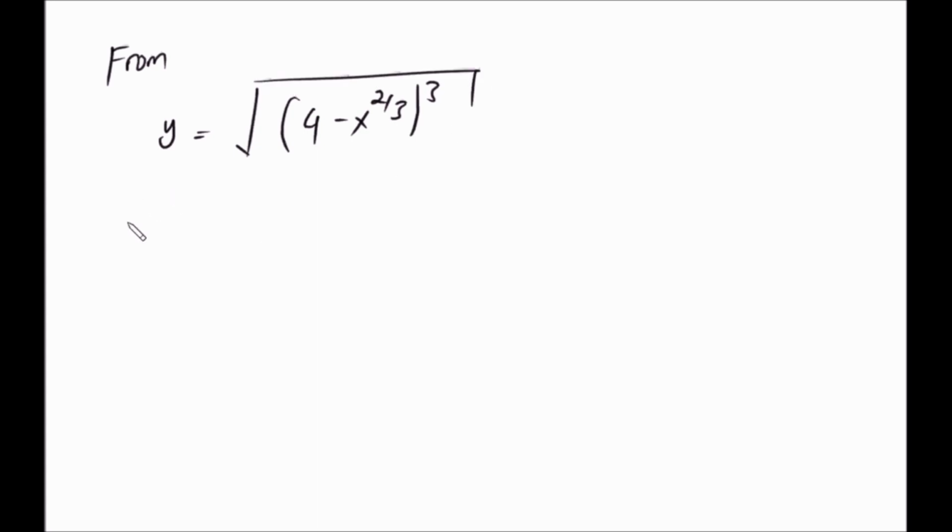So from y ni sasa na the square root of 4 minus x power 2 over 3 cube. We want to find dy dx. We're going to use chain rule. We're going to let w is equal to 4 minus x power 2 over 3.